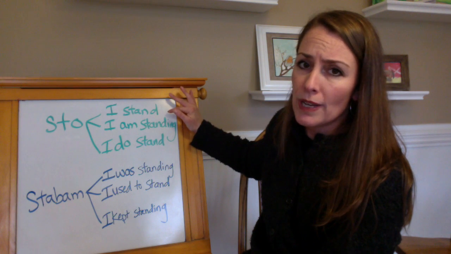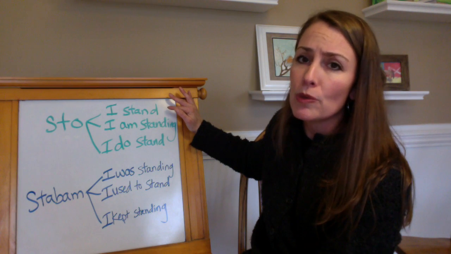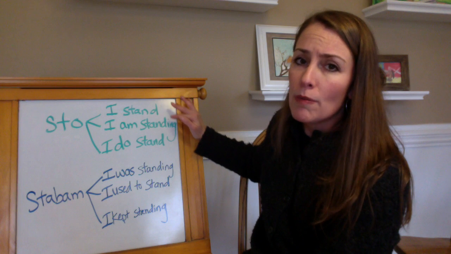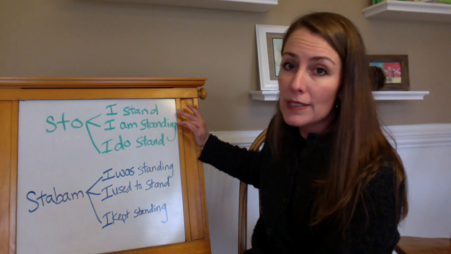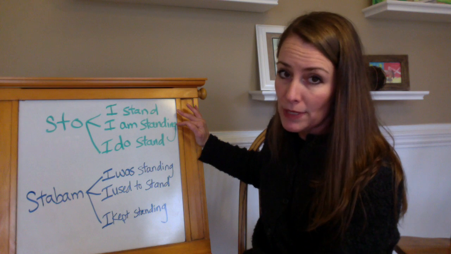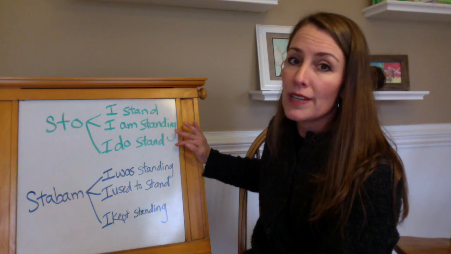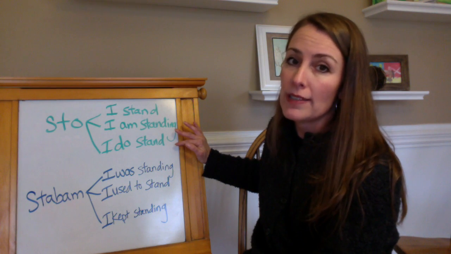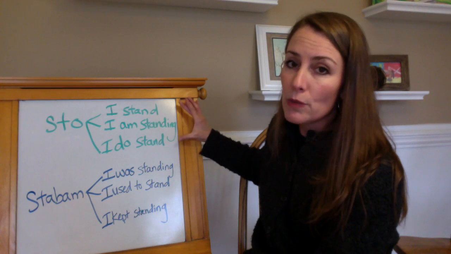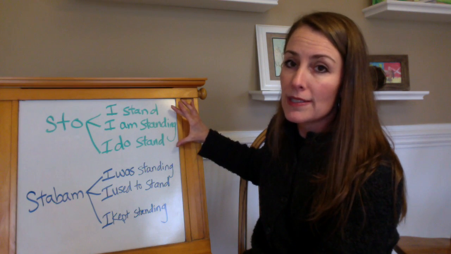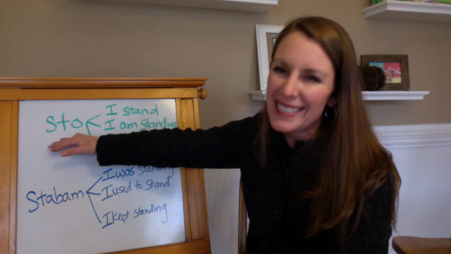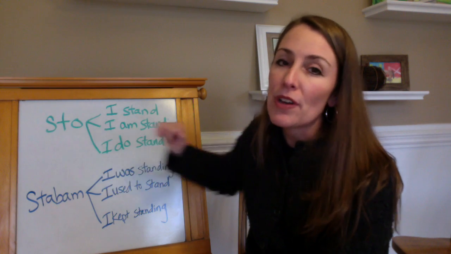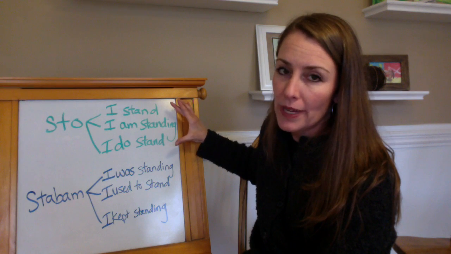So the first one, I stand, would be my simple present tense. My second one, I am standing, would be the present progressive tense in English. Or I could use the emphatic English tense, I do stand. But either way, we're trying to express this in Latin, we're just going to write it as sto. Doesn't that make it easy? Yes. But know that it can be translated in 3 different ways.